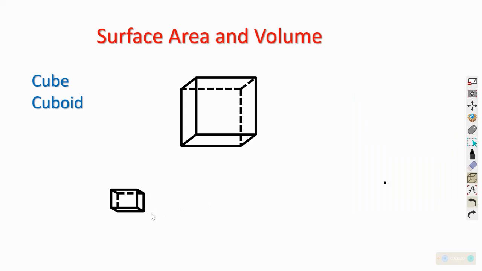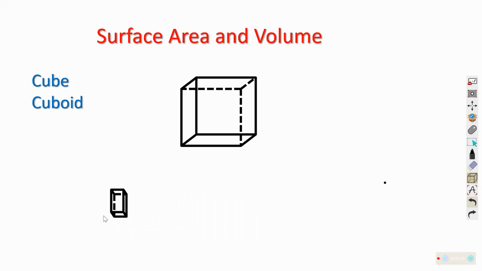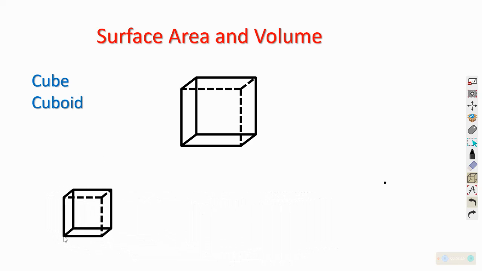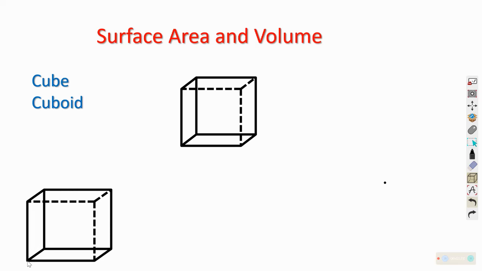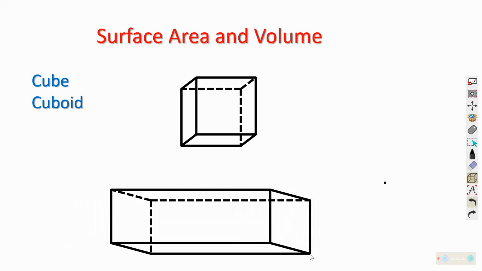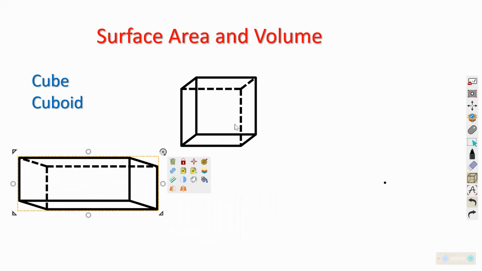Whenever we think about a cuboid, it will be having a length, a breadth and height, where all these three can be different. It can be like this, it can be in any format. These all are cuboids. But when all the sides become equal like this, approximately, these are rough diagrams, we call it as cube. So the earlier diagram is if it is a cube, this is a cuboid. Understood?